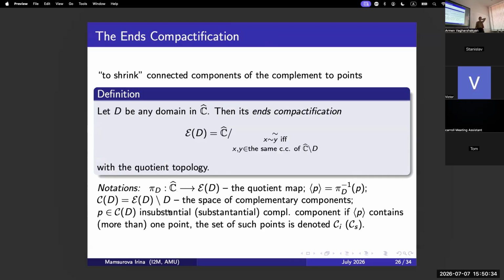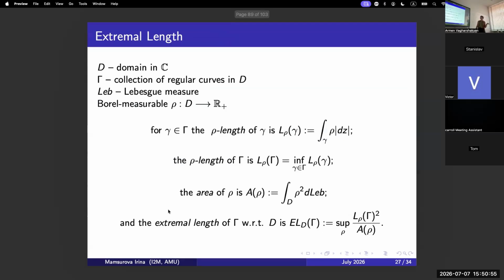Now we would like to define a measure on it. Before, we had the Lebesgue measure to measure the area, and we had a metric induced by the Euclidean metric for the length. Here I will just add some combinatorial data. This was the length for us before, the integral over all possible metrics along the curve.